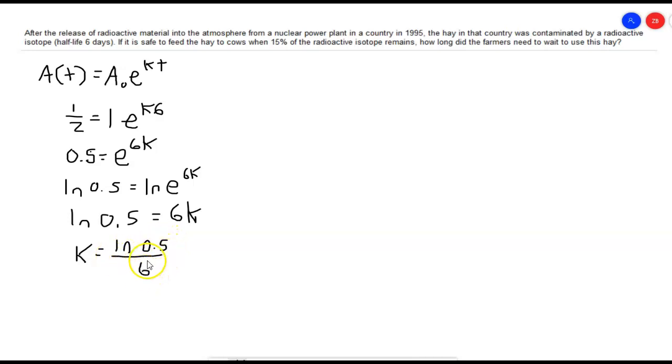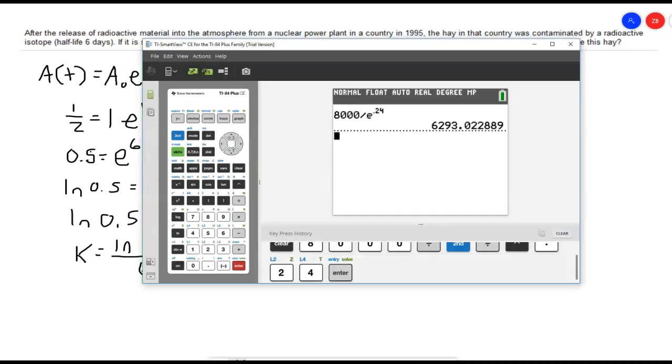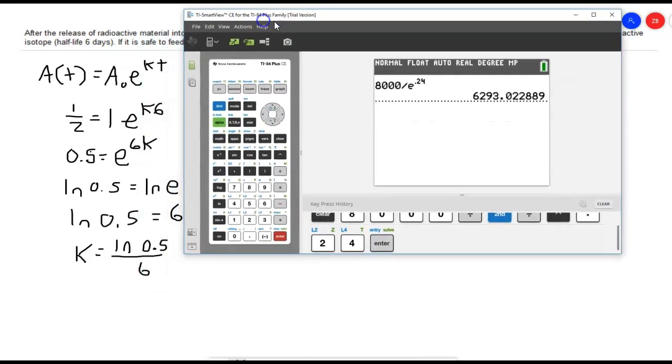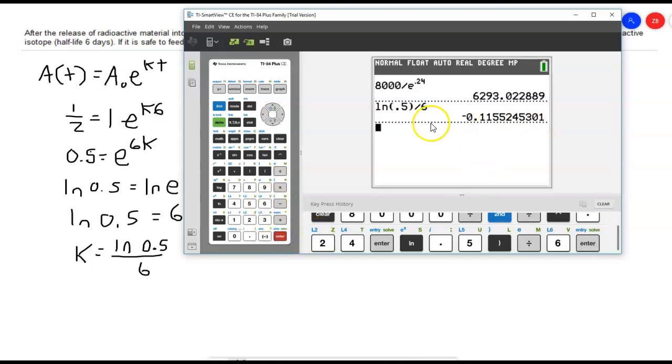Now at this point I'm going to put this into my calculator to see if it gives me a nice number, which I'm not sure it will, but if it doesn't, I'll just leave it like that. So this is the natural log of 0.5 divided by 6. And no, it looks like some irrational number here.